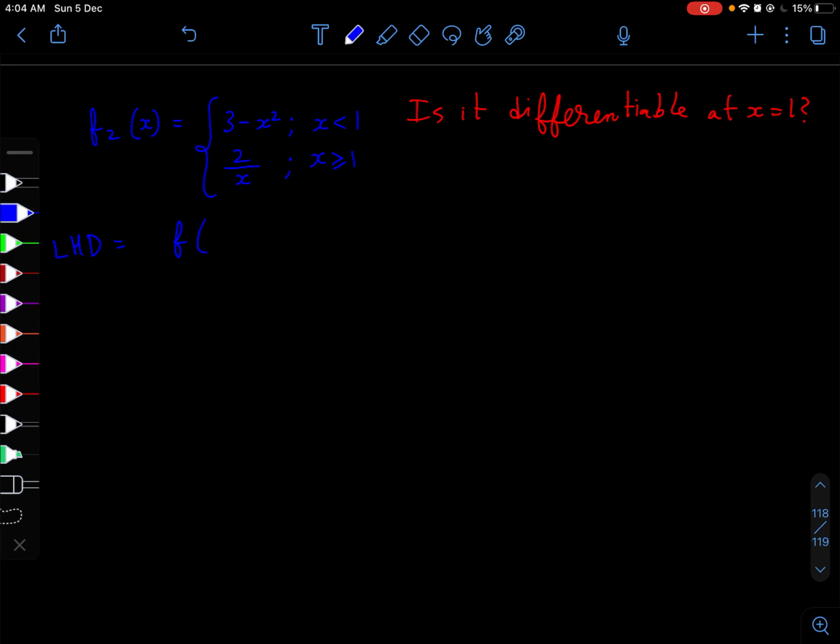So with the limits method we get the limit as h tends to 0 minus of f of 1 plus h minus f of 1 divided by h, which is the limit as h tends to 0 minus of, so f of 1 plus h.